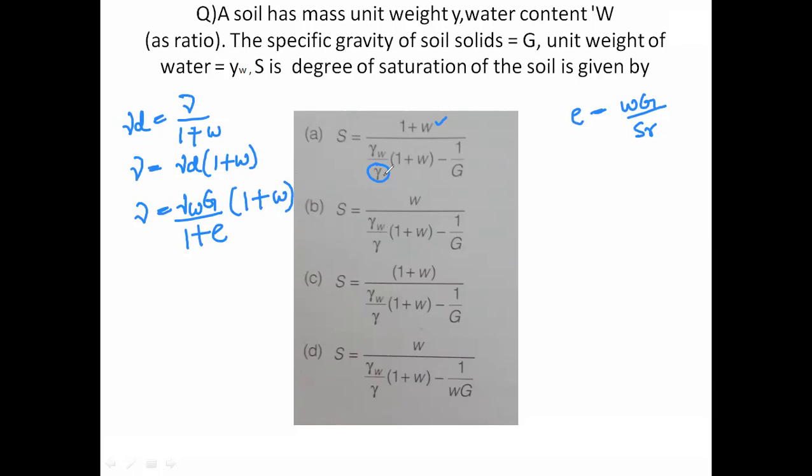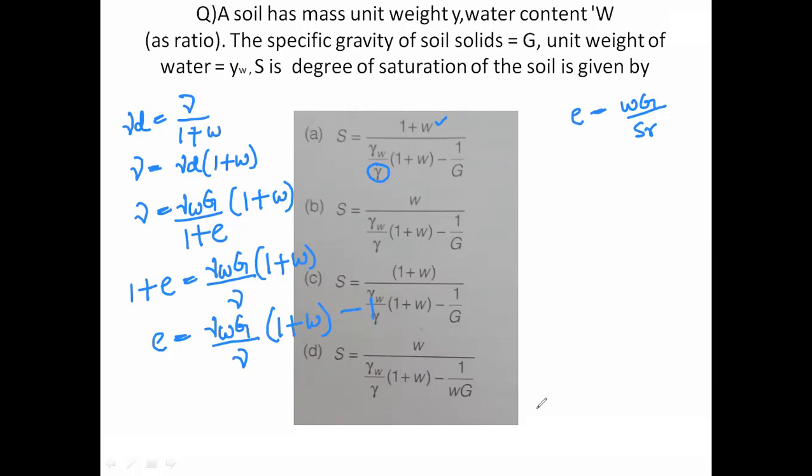Since gamma is in the denominator, I'm shifting this: 1 plus e is equal to gamma w G divided by gamma into 1 plus w. I just want e. So e is equal to gamma w G divided by gamma into 1 plus w, minus 1.